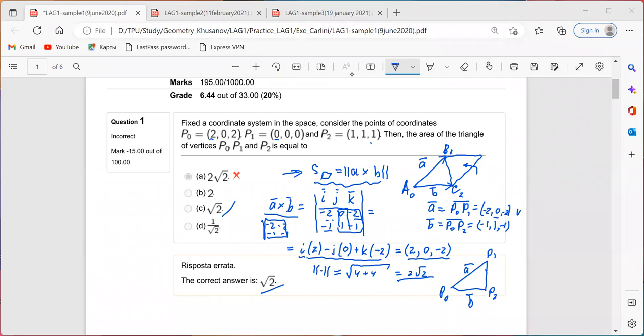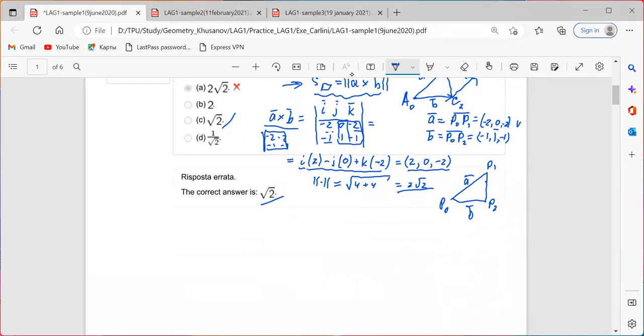Then using Heron's formula, you have to take the square root of these products. So I think you will have more computations, but you can compute this way also. Okay. Let's consider the next one.